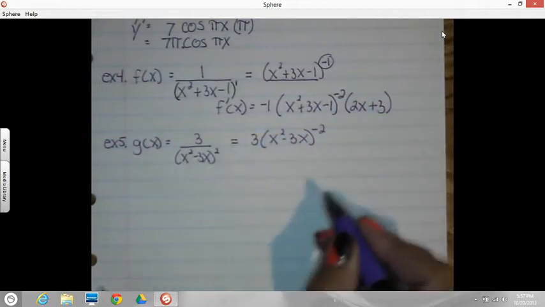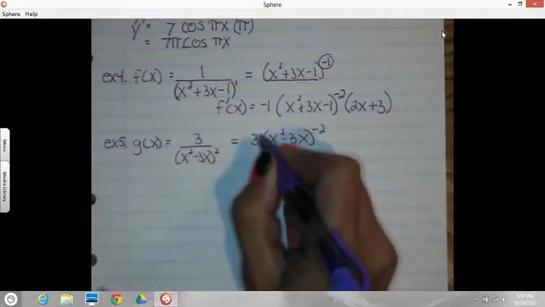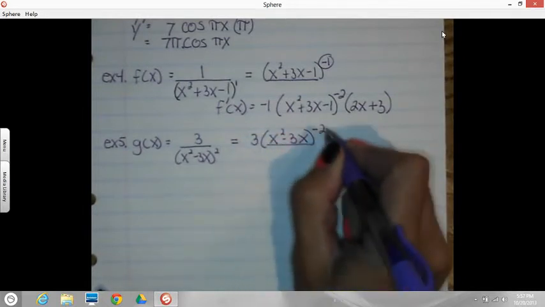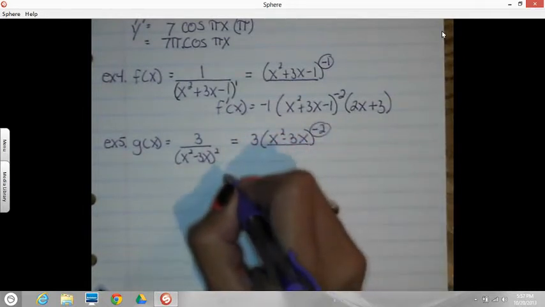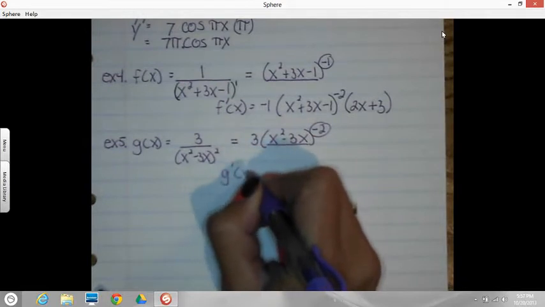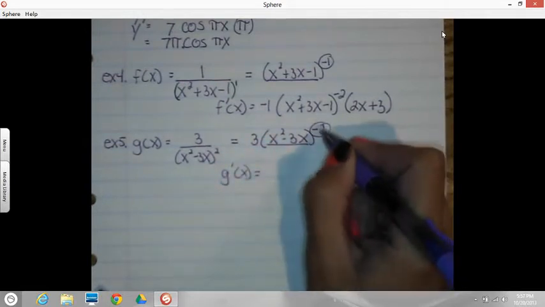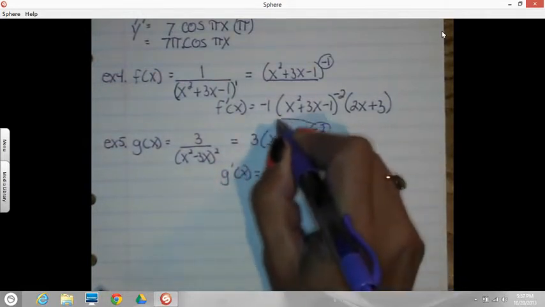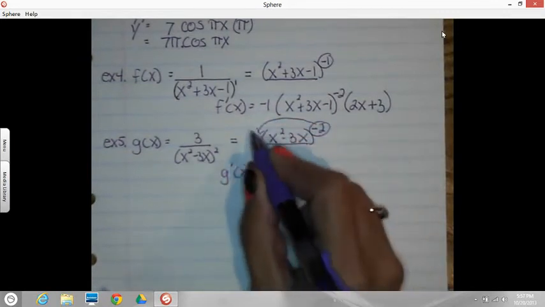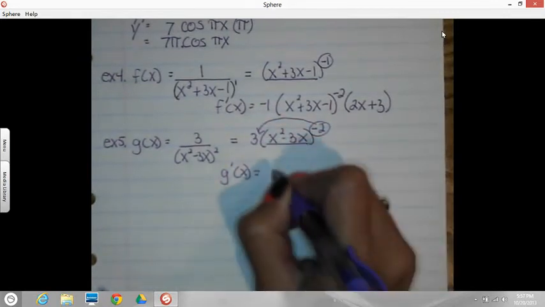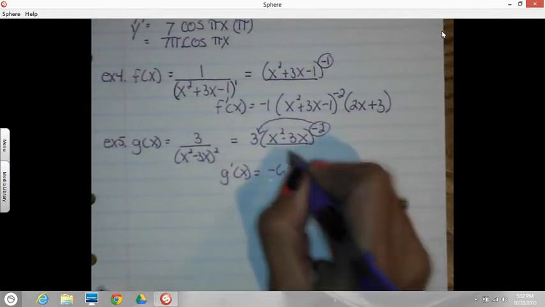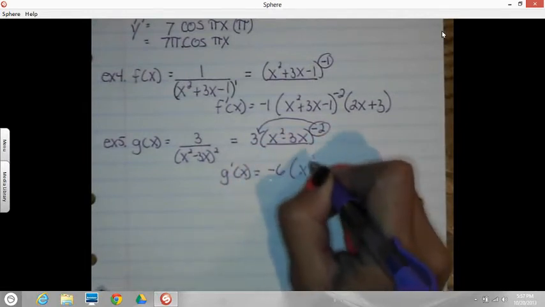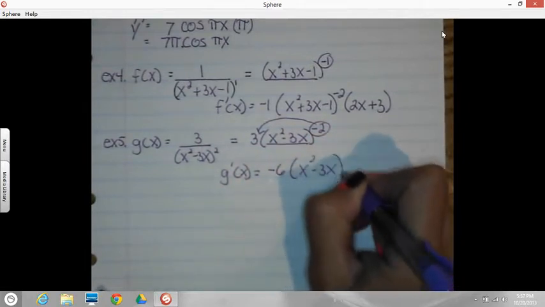Now you can see a multiplier that I just carry along, but I've got an inside and outside. So the derivative of the outside is the power rule, multiplied by that constant being carried along, so I'll have negative 6. Inside stays the same. 1 less power is going to give me negative 3.